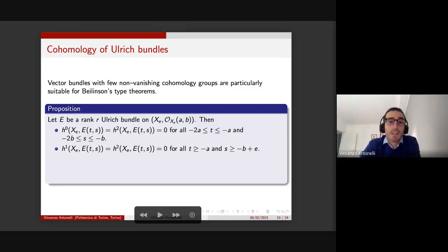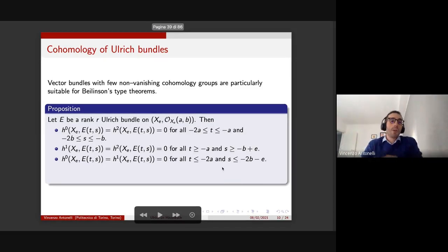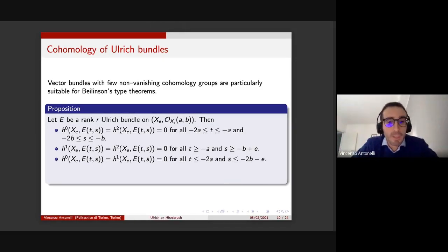Instead, when t and s are big enough, you only have H^0. This is not surprising, but that's the actual range. And of course, by duality, you have a similar result about the H^2. So for t and s small enough, negative enough, let's say, you only have that the H^2 can be different from 0.